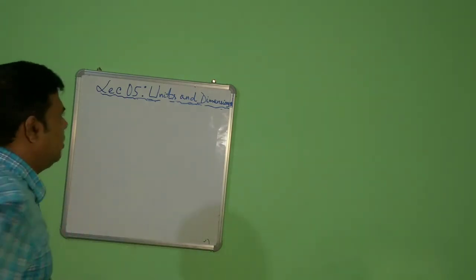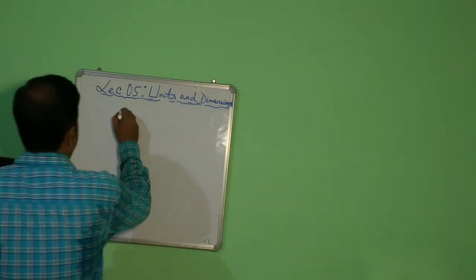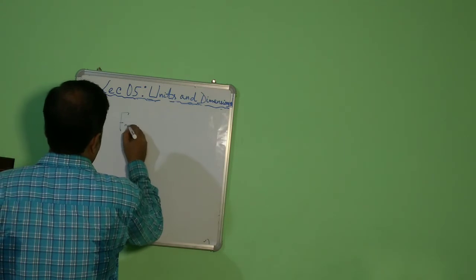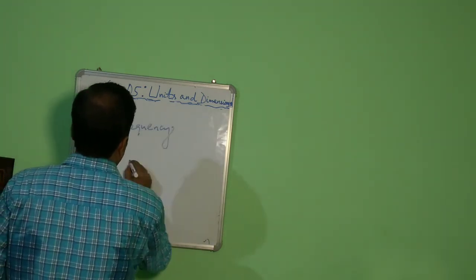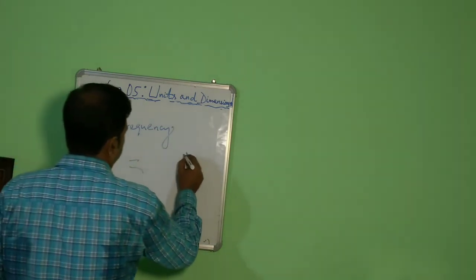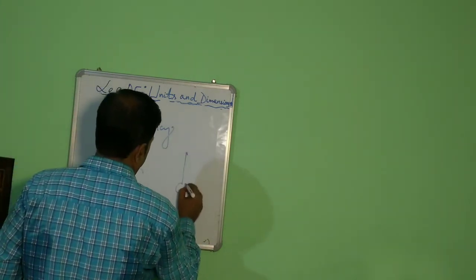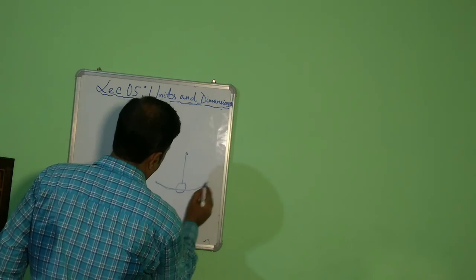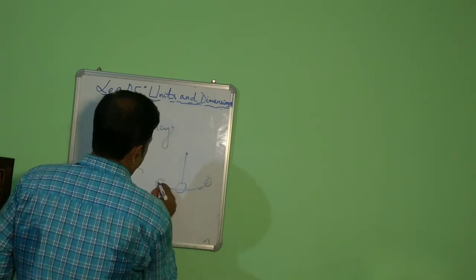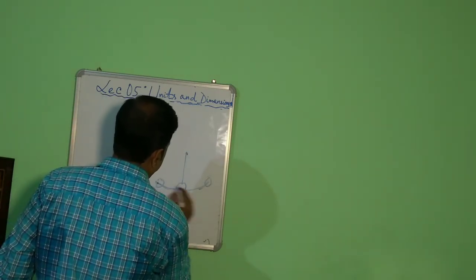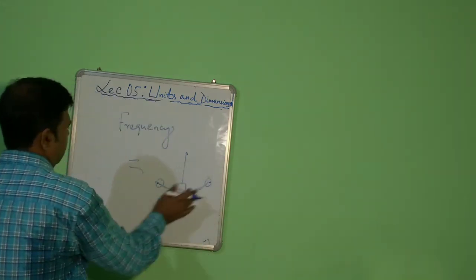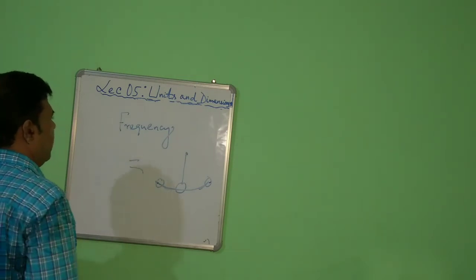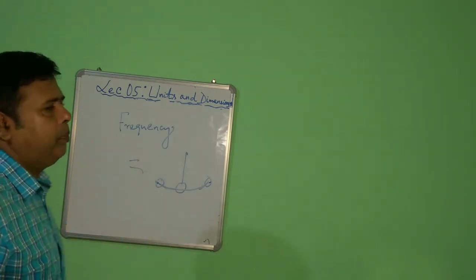These are certain quantities, and suppose another quantity is frequency. Suppose a pendulum reciprocates in to and fro motion. Once it goes from this to this and returns, that is a simple harmonic motion, and there is a term called time period.